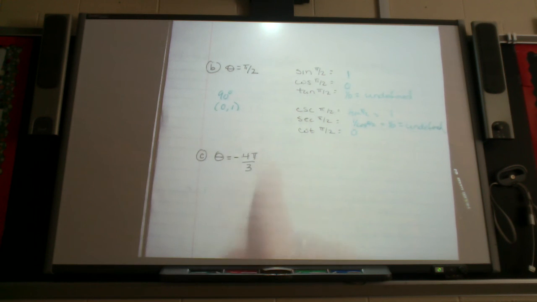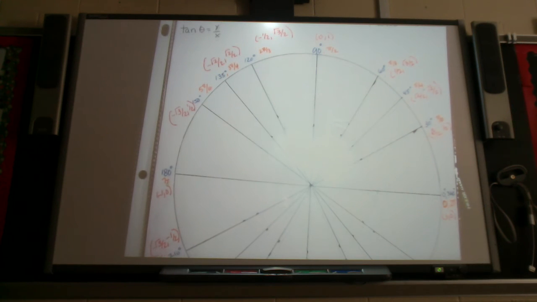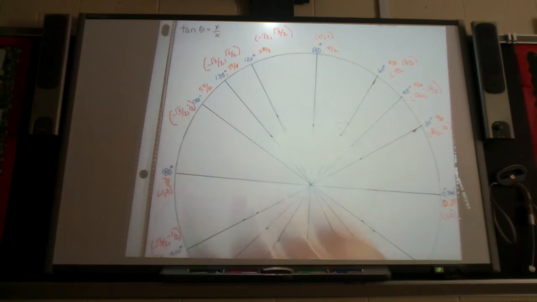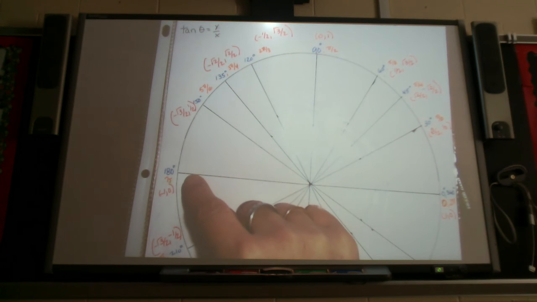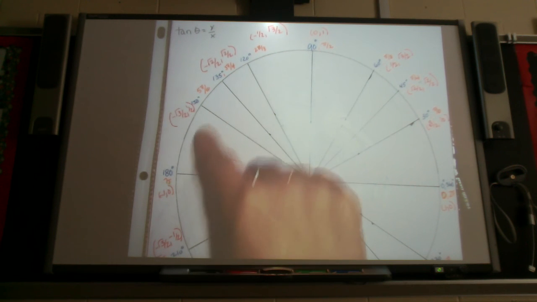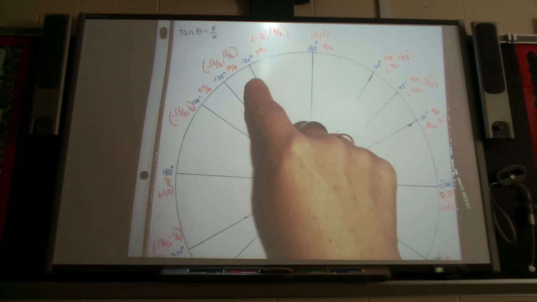So 4 pi over 3 is 240. So I need to rotate it negative 240 degrees. Right here's a negative 180. How many more do I need to go to get to 240? 60. 60 more, so I need to go right up here to 120.